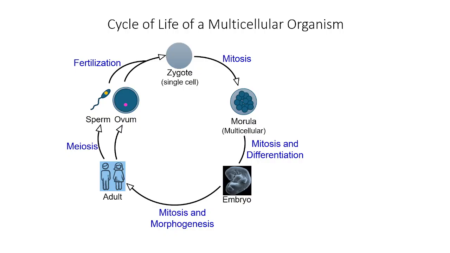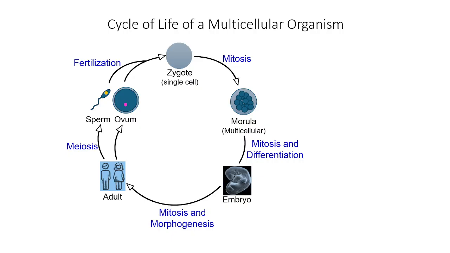So, let's start from the life cycle of a multicellular organism. At one end, we have specialized germ cells, that's the sperm and ovum, that are produced by meiosis, which we learned in the last class. So meiosis halves the chromosome number, generating haploid gametes to maintain genome stability across the different generations.